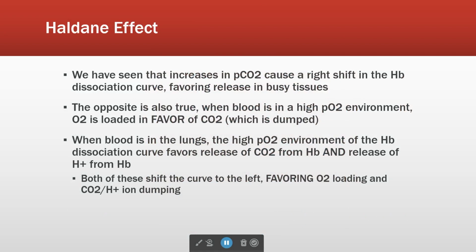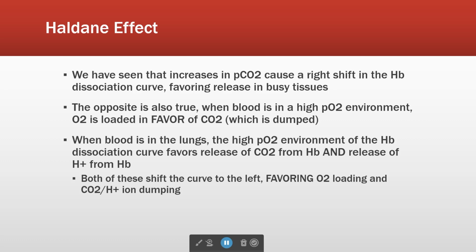Increases in PCO2 cause a right shift in the hemoglobin desaturation curve. That makes sense, right? If PCO2 is high, then we want oxygen to be delivered. If you flip this around, this is also why the equilibrium reverses in the lungs, right?